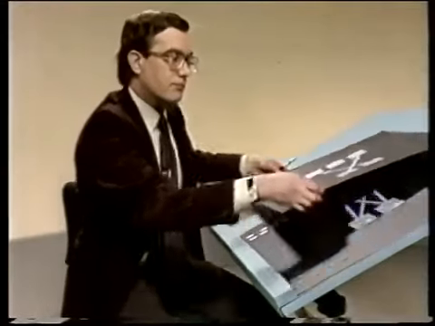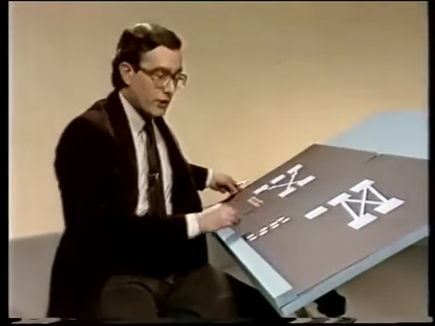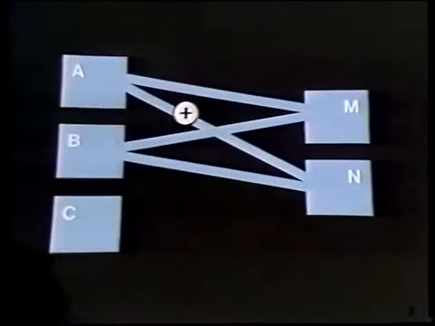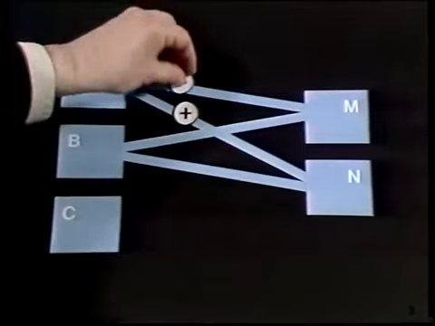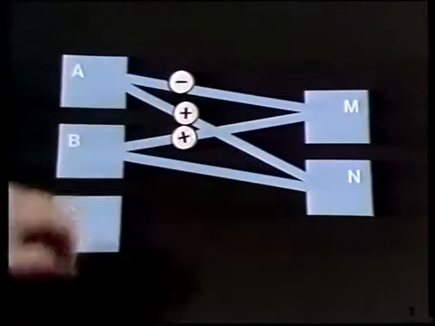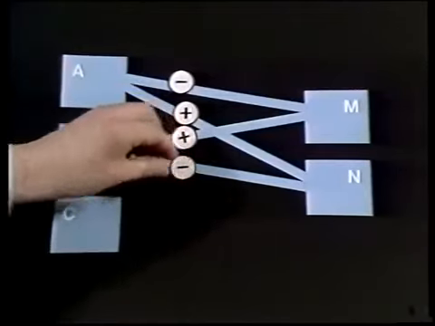Now the question I asked a few minutes ago. How much should we divert along AN in order to get the best possible solution? Well, remember that for each extra unit that goes along AN, 1 less must go along AM, 1 more along BM, and 1 less along BN.